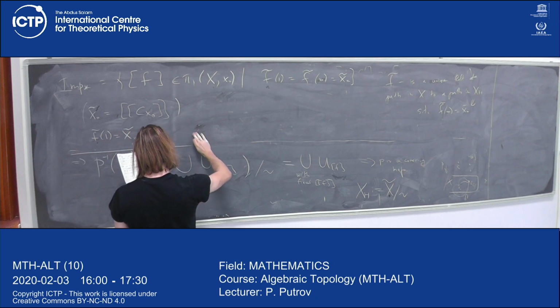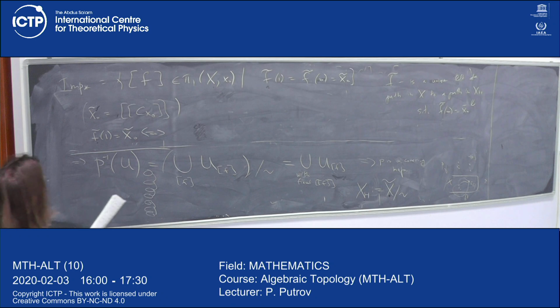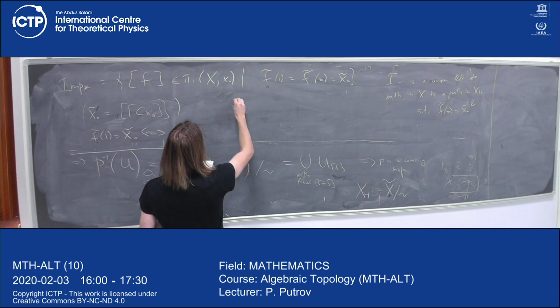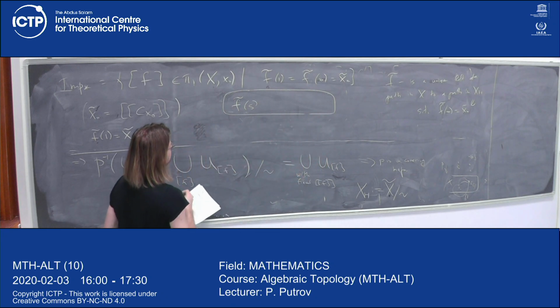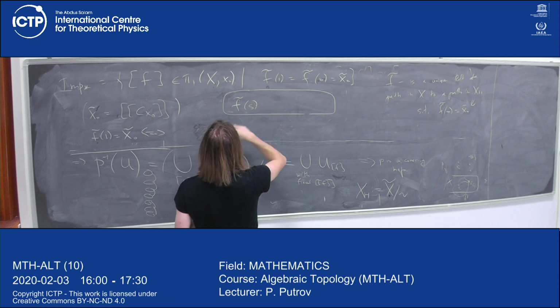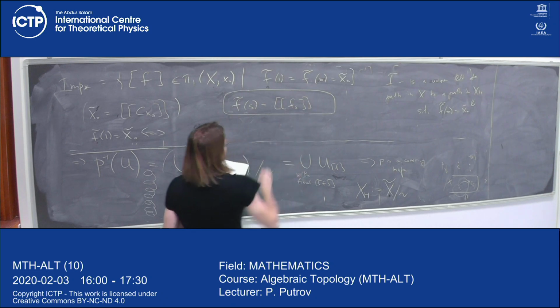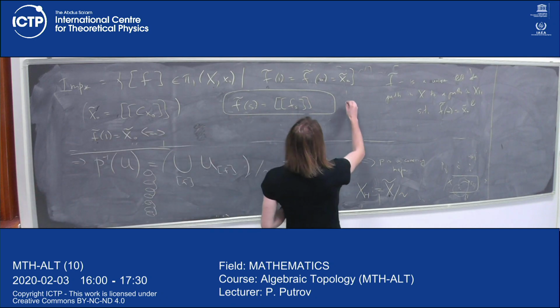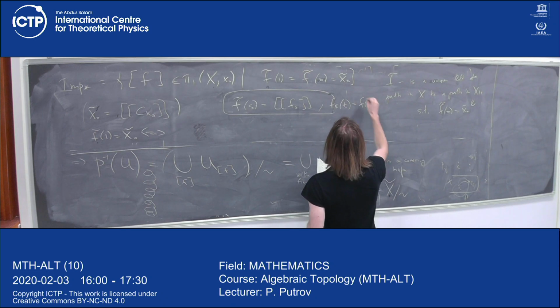Similarly to what happened last time, we can construct the lift by the following construction: f tilde of s is a class of a certain path f_s, where f_s of t is f of s times t.